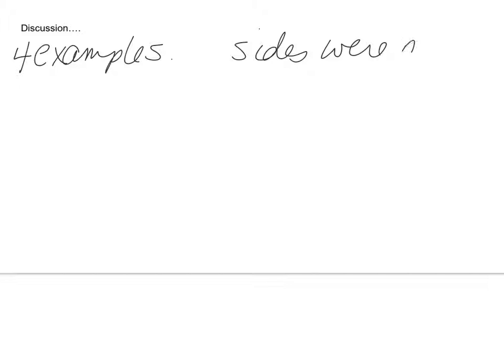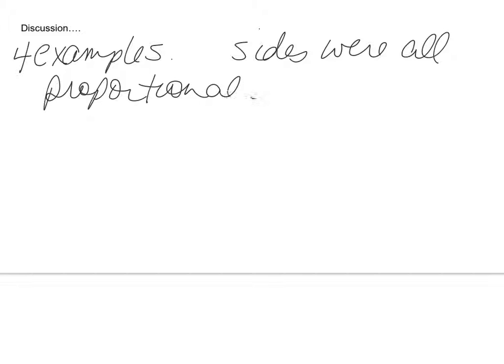Alright, let's talk about this for a little bit. First of all, we went into detail with 4 examples. In each example, the sides were all proportional. Length times width were a perfect ratio. The ratio was held.